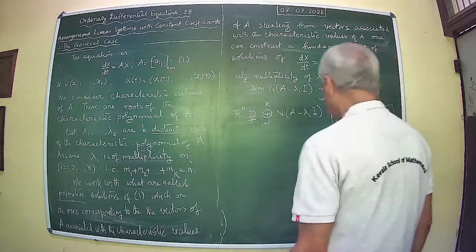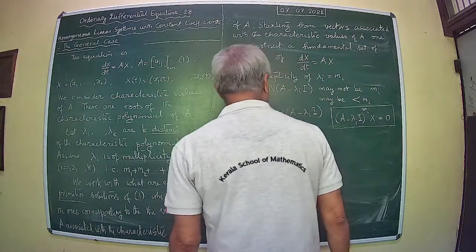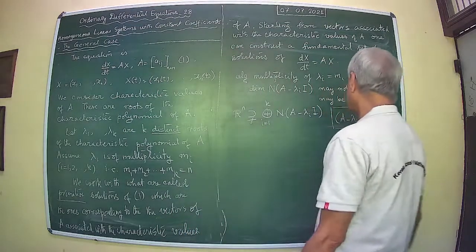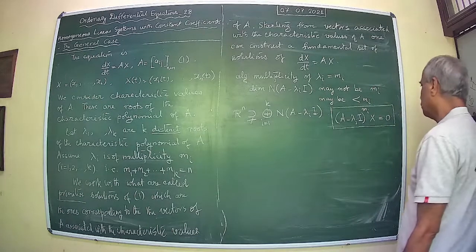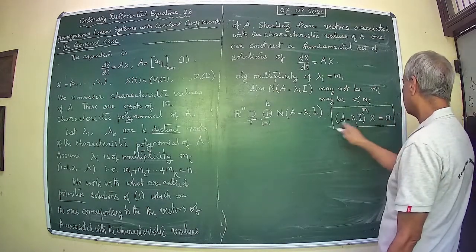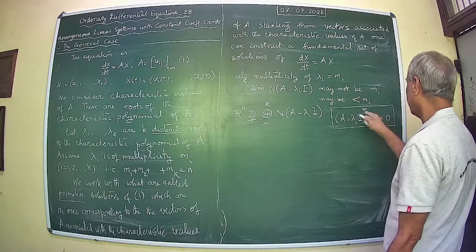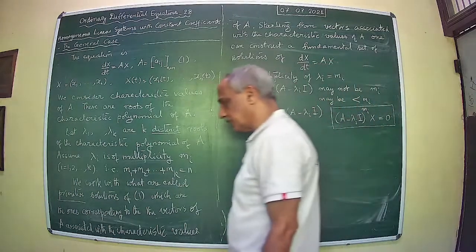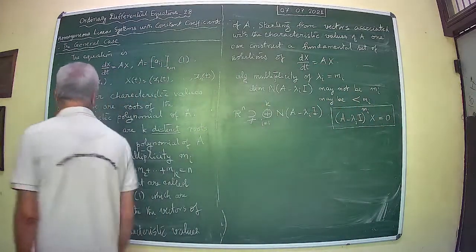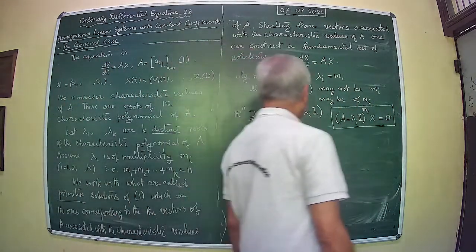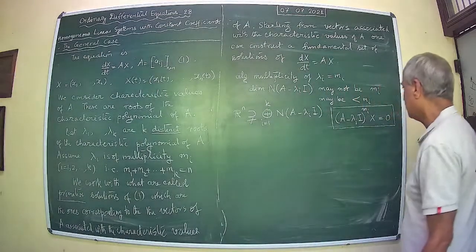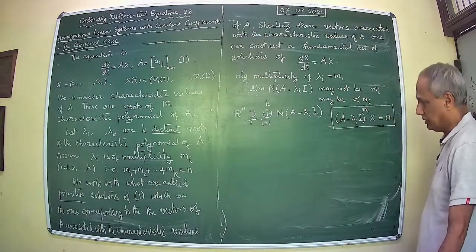which will span this whole space. Okay. So if you choose vectors satisfying these, then you can certainly construct m_i linearly independent vectors which will span the null space of A minus lambda I. Okay, so that's the problem.